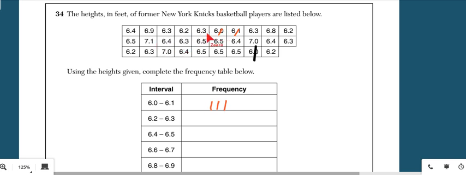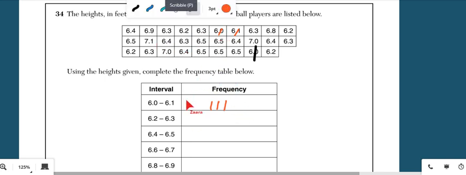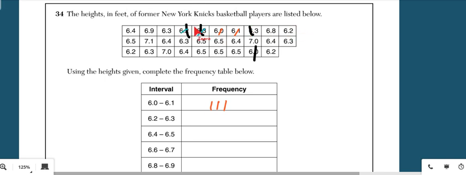Okay, now let's change to 6.2, 6.3. Right here, right here. 6.2, 6.3, this one. These two. Then right here, and then right here, and then 6.3, that's it.